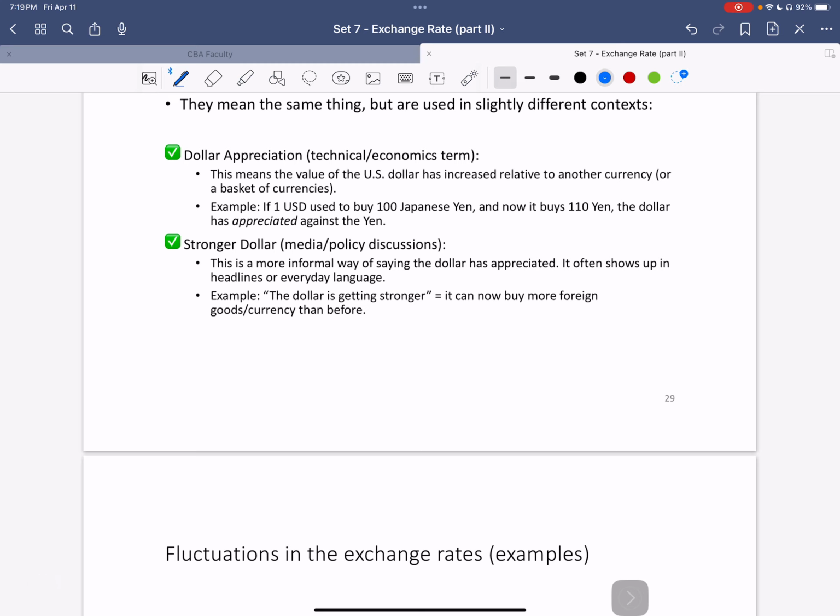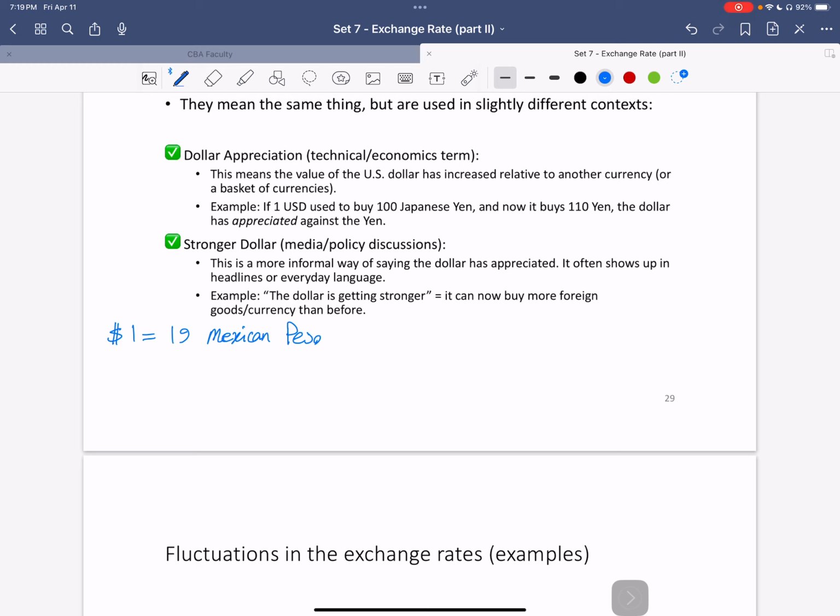Then I am gonna move to a graphical form of the example. Okay, so let's say $1 is equal to 19 Mexican peso.